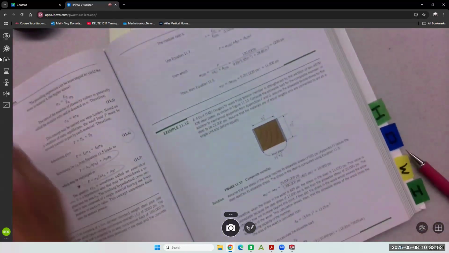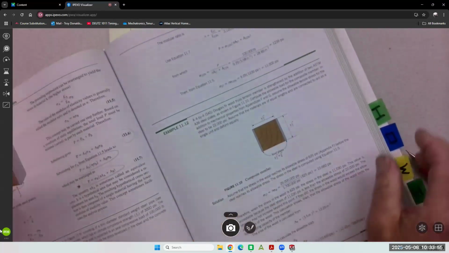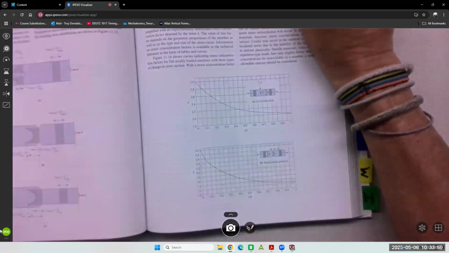All right, stress concentrations. This is pretty easy, pretty straightforward, can't miss a step kind of thing. When we change the cross section of something that is loaded, so change the cross section means we poke a hole in it, or we put notches in it, or we just reduce the area, right? The bar of steel is traveling along, and then all of a sudden the bar of steel gets thinner for some reason.